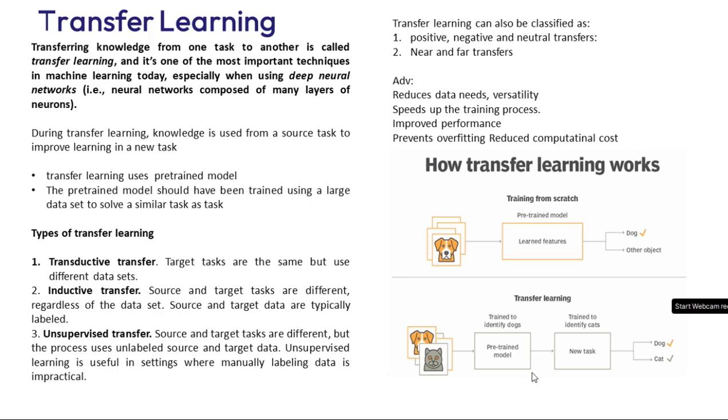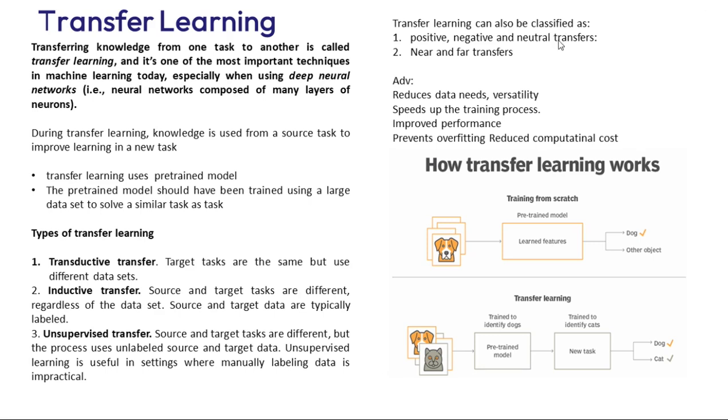Now under transfer learning also various types are there, like transductive learning, where the target task and the source task are the same but they use different data sets. Inductive transfer, where the source problem and the target problem are different regardless of the data set. Unsupervised transfer, where both the source problem as well as the target problem are different, but the process uses unlabeled source and target data.